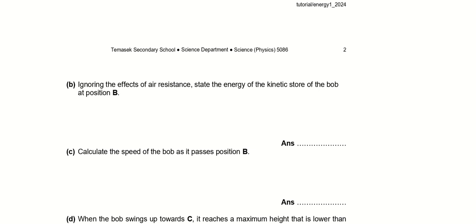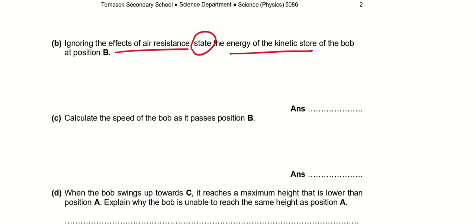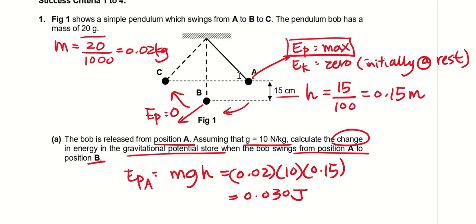Now, ignoring the effects of air resistance, state the energy of the kinetic store of the bob at B. They want us to state. It's a bit strange that they didn't want us to calculate. Why state? Because initially we had energy in the gravitational potential store, and we have 0 energy in the kinetic store, so when it goes to B, B will actually have the greater speed.